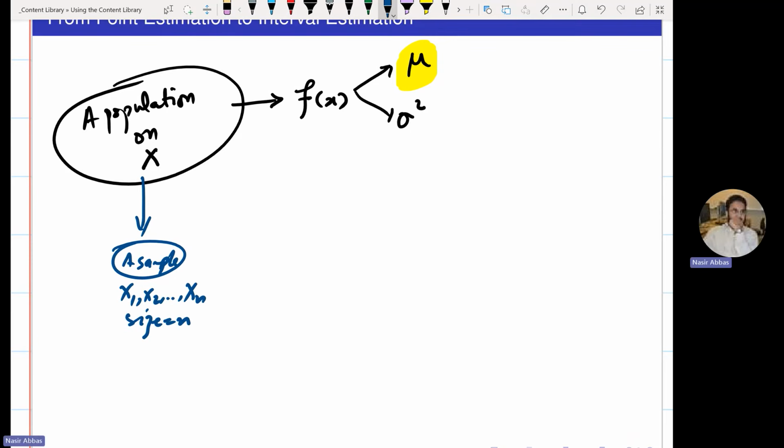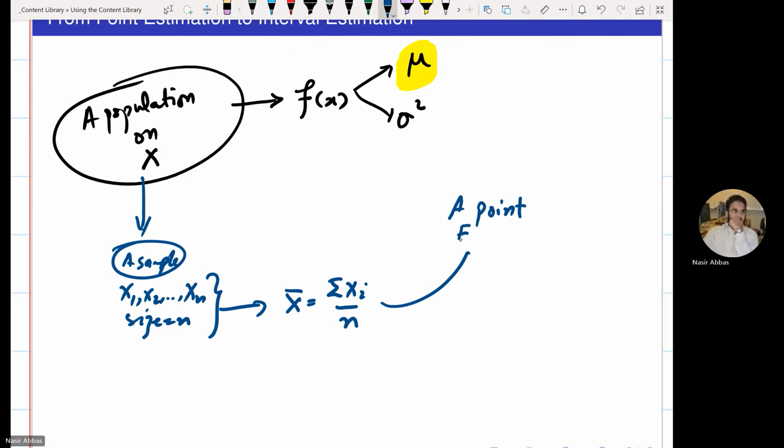You take a sample. What do you do with this sample? You compute X bar from this sample. And you call this X bar a point estimate of this mu.